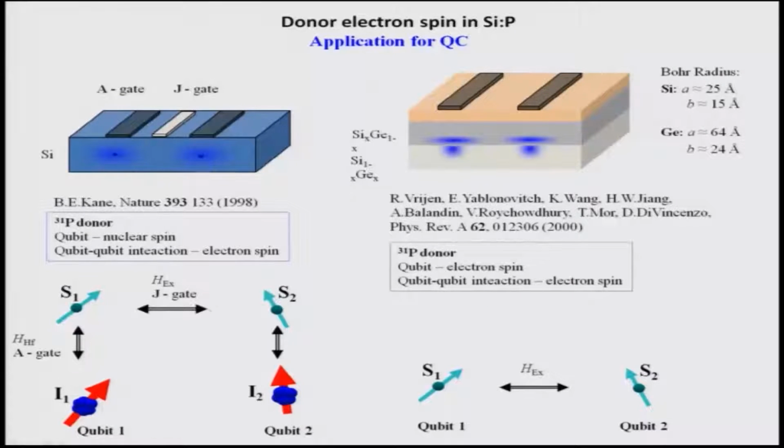And so in these cases, the individual qubits are represented by the nuclear spins, which are very conveniently connected across the qubit-qubit interactions through the electron spin which comes from the donor. That is the beauty in both these particular aspects that have been shown.